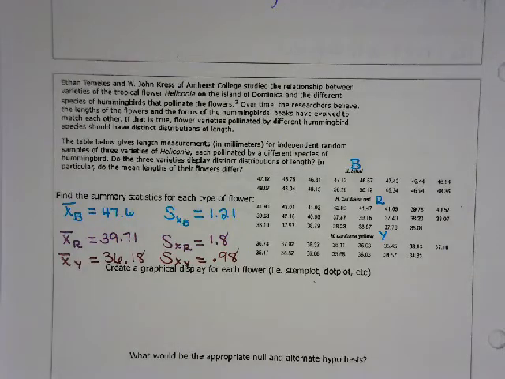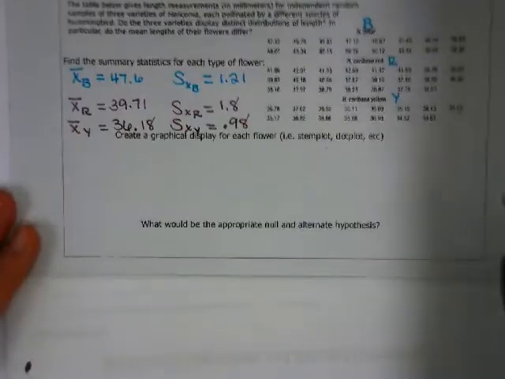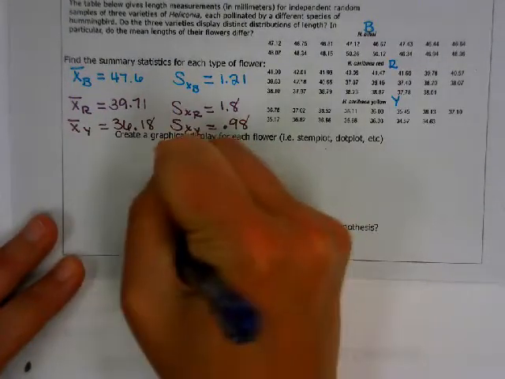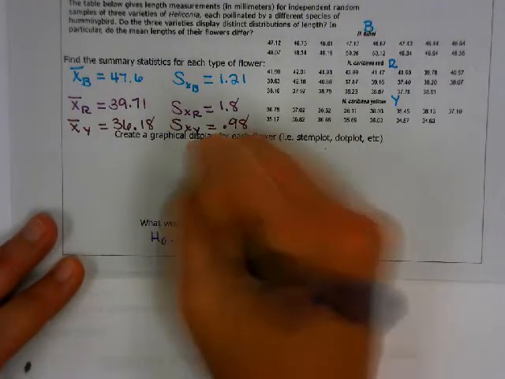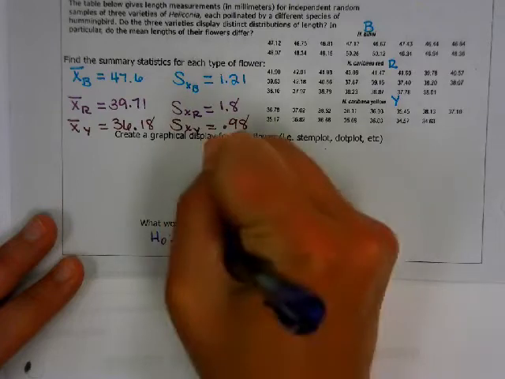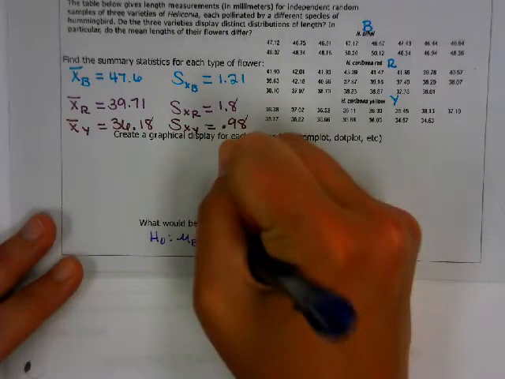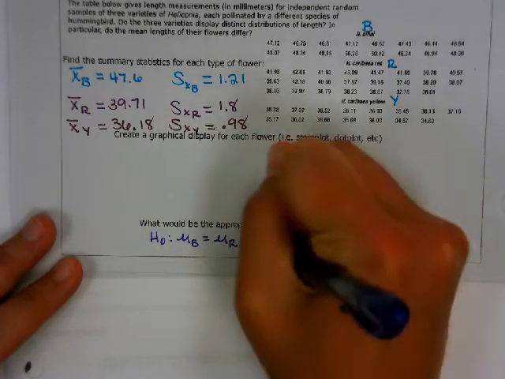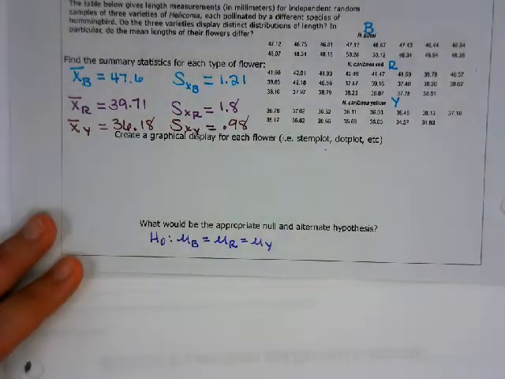What would be the appropriate null and alternative hypothesis? There's no difference. H null: mu for the blue flower equals mu for the red flower, which equals mu for the white flower. And the alternative would be they're not all equal.